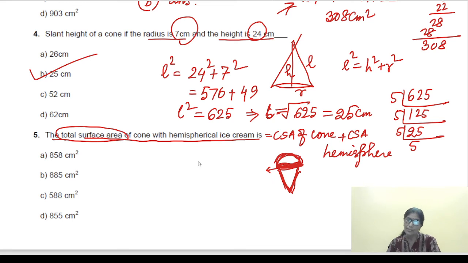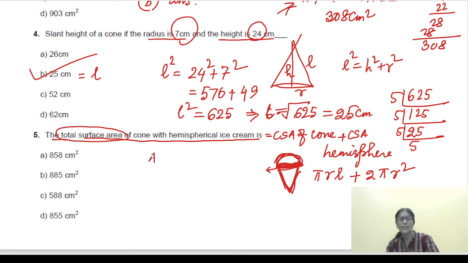Curved surface area of the cone is pi r l, and curved surface area of the hemisphere is 2 pi r square. So we'll put r equal to 7 and l we have already calculated as 25. So this will be pi into 7 into 25 plus 2 into pi into 7 square.